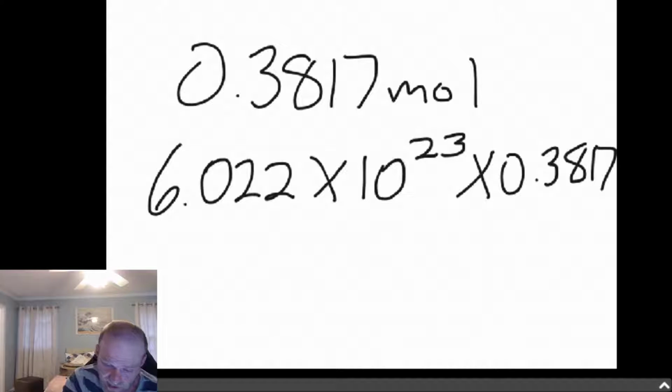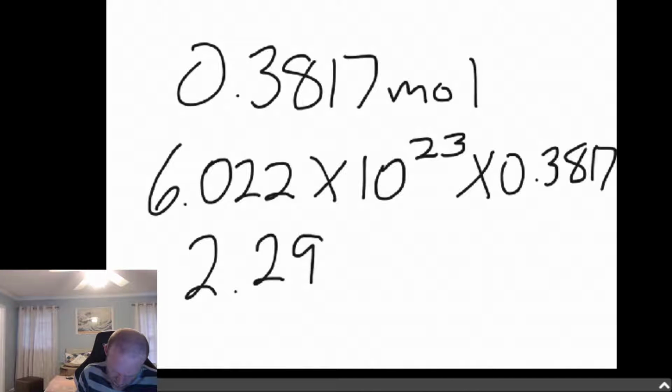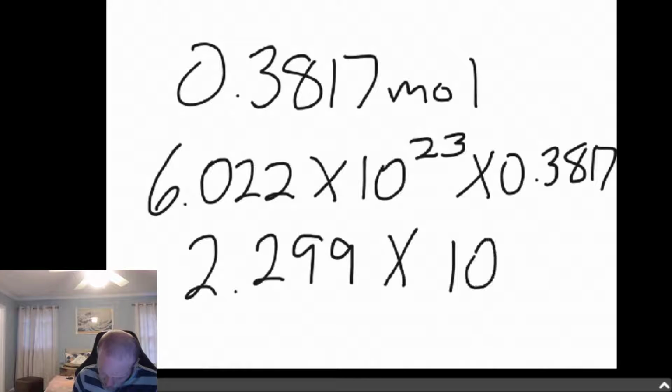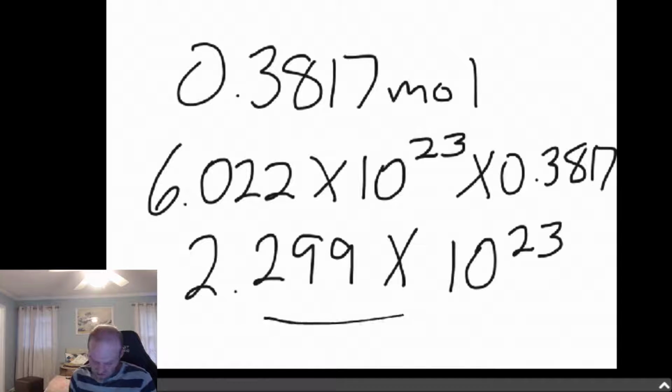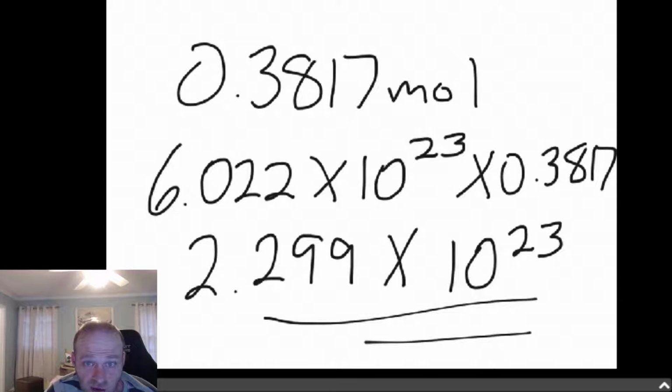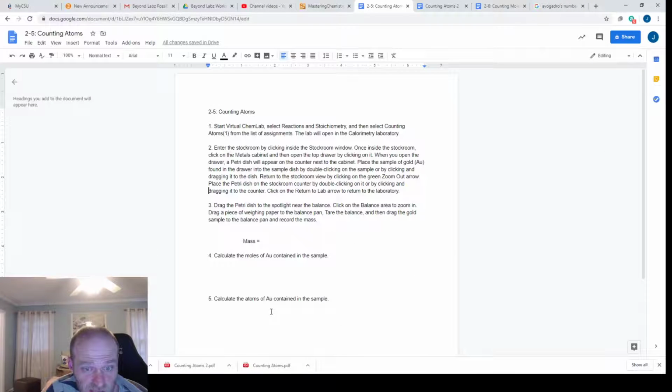Okay, and then you'll put this back in scientific notation. 4 significant figures is the least I have. So 2.299 times 10 to the 23. Okay, and you're going to have a huge number like this. So that's my answer. And you're going to put that into your worksheet for calculate the atoms.